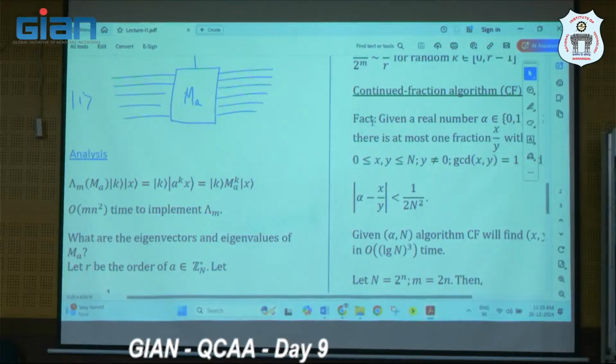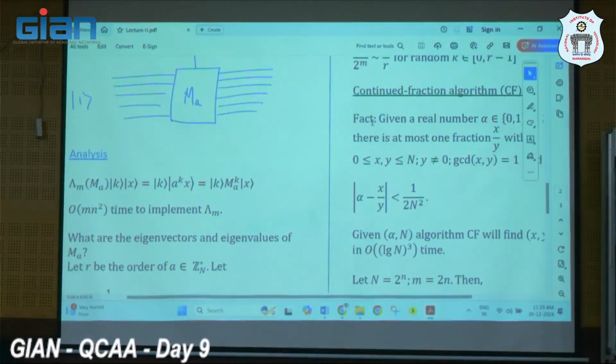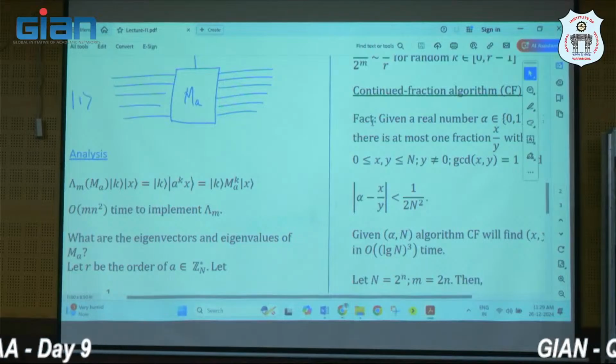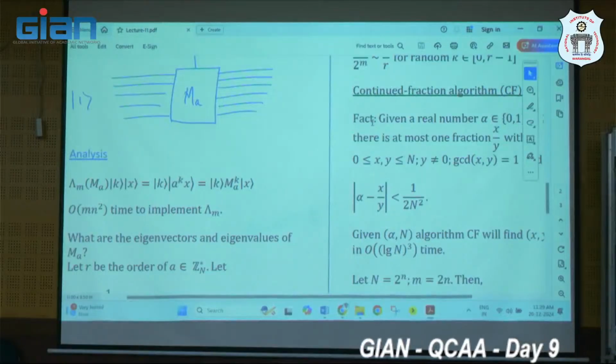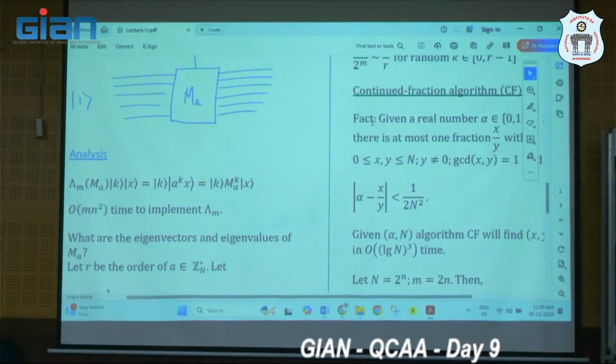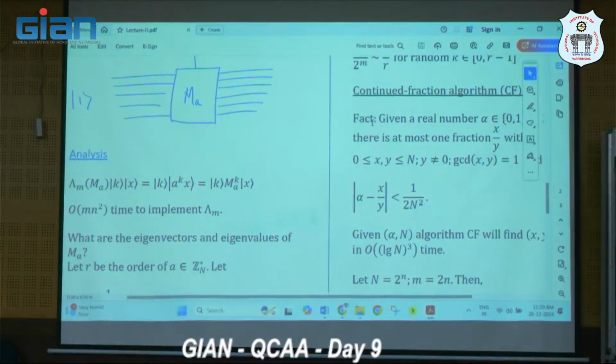You see what I'm saying? Question. I have to multiply, let's say, 2 to the power 100. I have to multiply a how many times? 2 to the power 100 times. How will I do that?